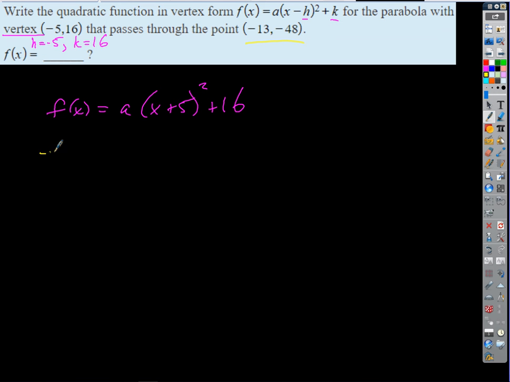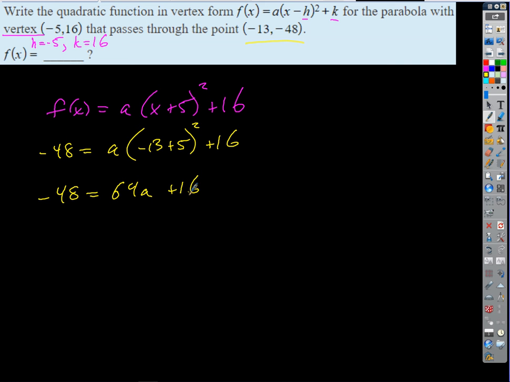I end up with -48 equals a times -13 plus 5 squared plus 16, solve for a. Okay, so what's -13 plus 5, squared? 64. So I get -48 equals 64a plus 16.